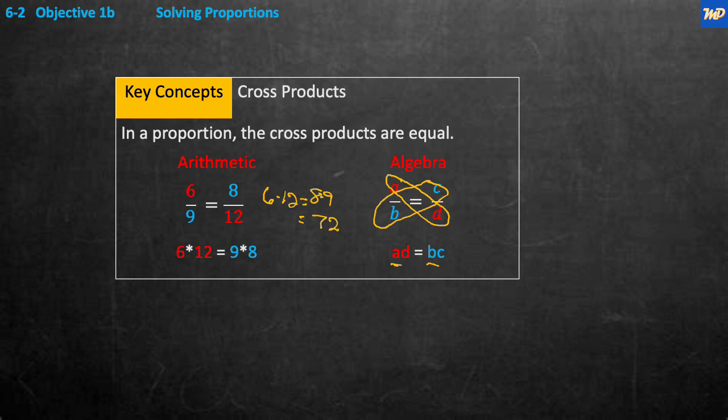And 6 times 12 is 72. Hopefully it makes sense. I think it was pretty clear here. So there's the cross products right here. The cross products are the 6 times 12 and the 8 times 9 right there. Or AD equals BC.